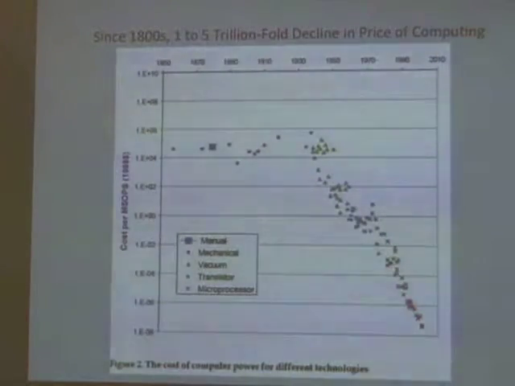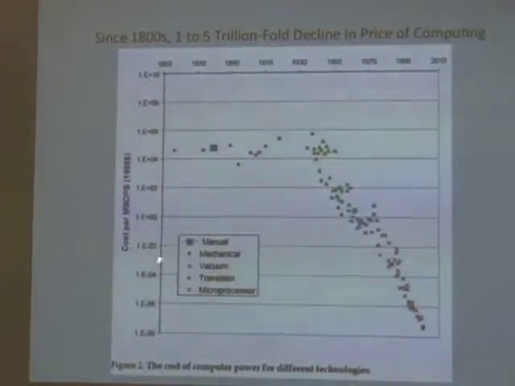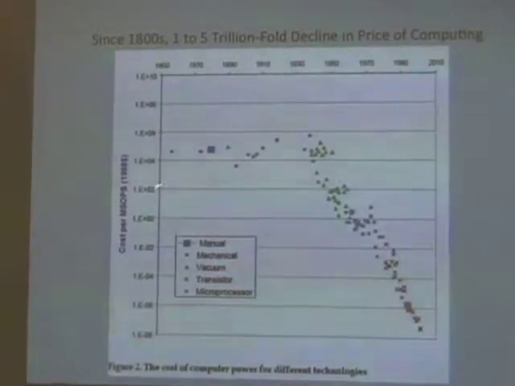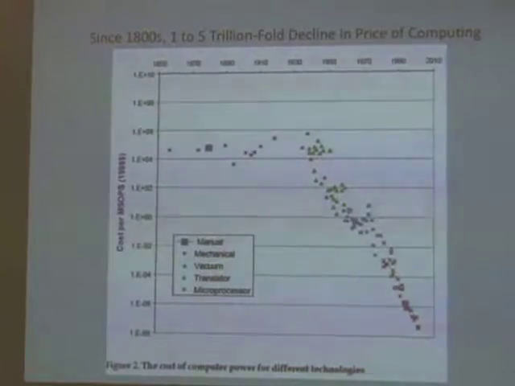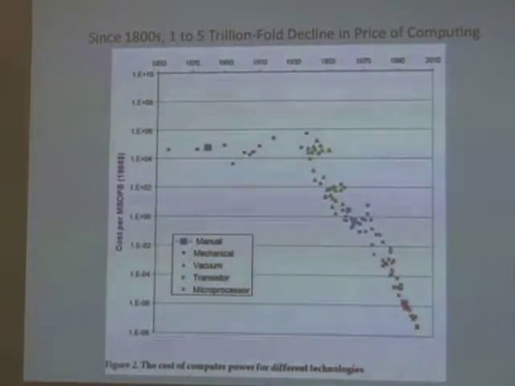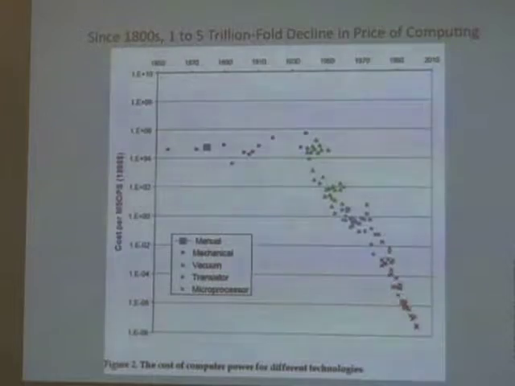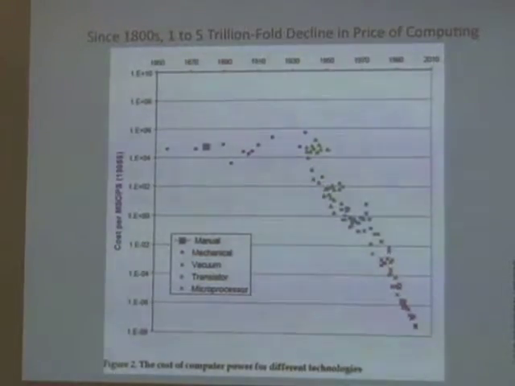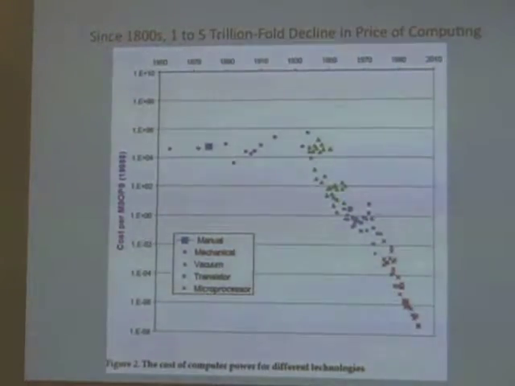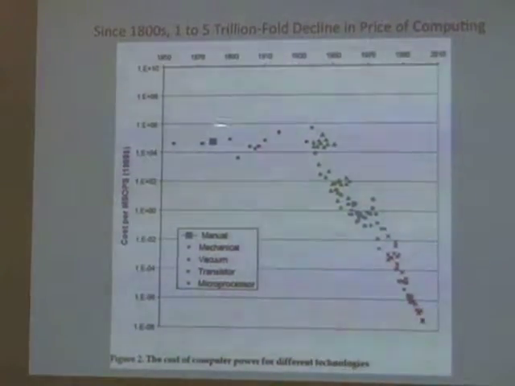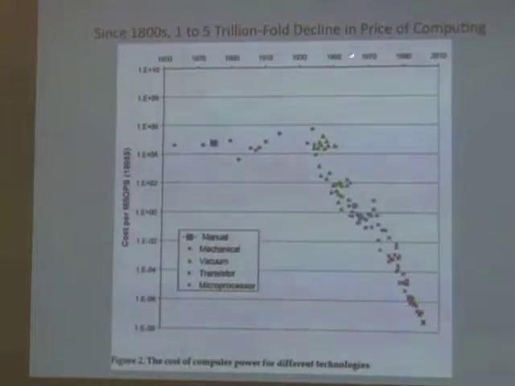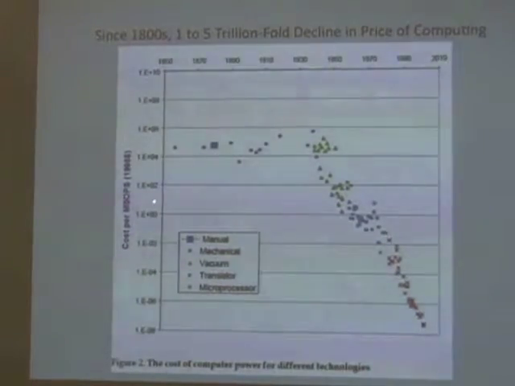The y-axis here is cost per million standardized operations per second, where a standardized operation is one simple computation of some type, like adding or subtracting a number. And this is time, from 1850 to 2010 approximately, on a logarithmic scale.